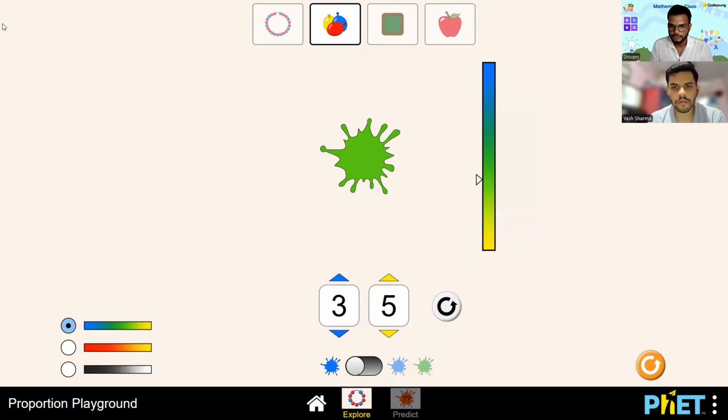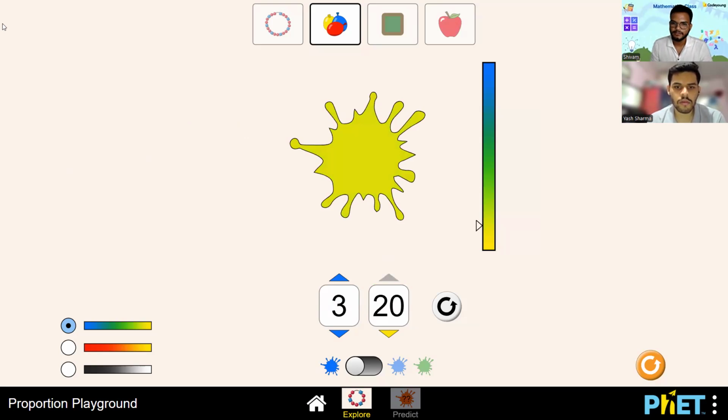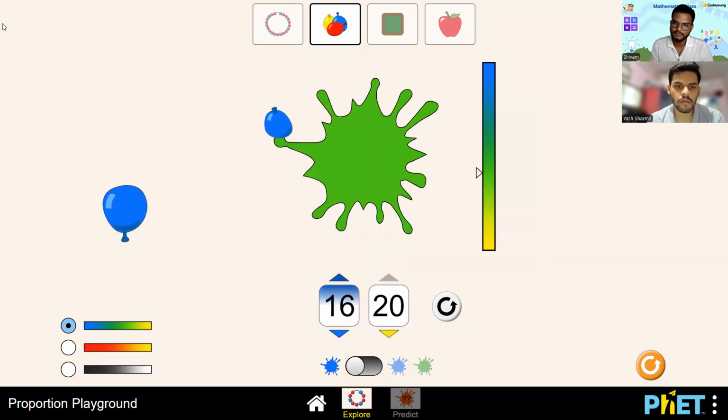If you are increasing yellow, you can see the color is also increasing. Number of yellow balloons is going to increase the yellowish nature, right? Similarly, if you are increasing this blue color, it is going to increase the blue color. Are you seeing this is proportionality, right?